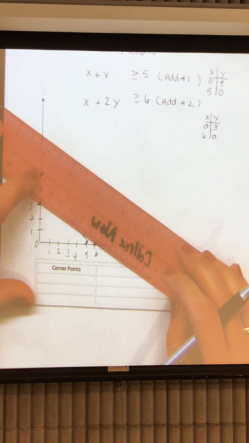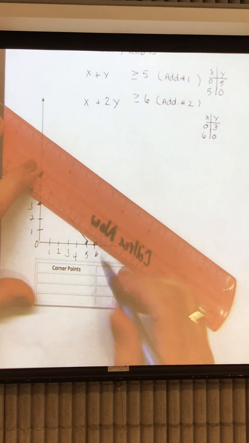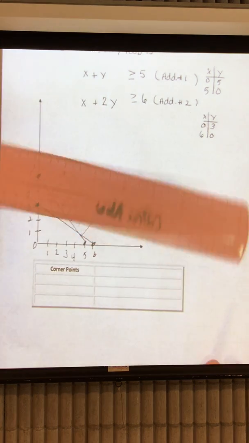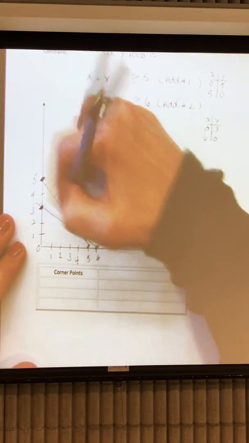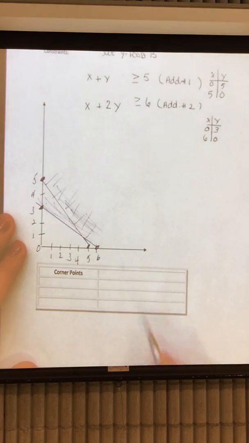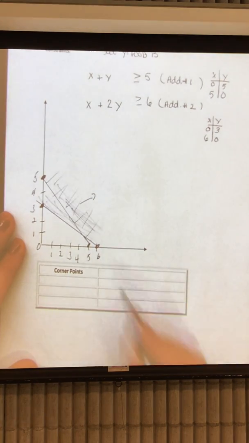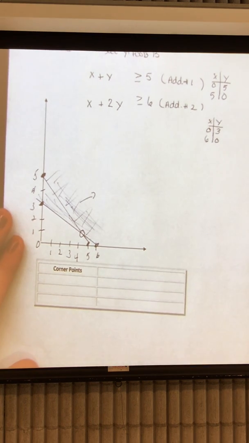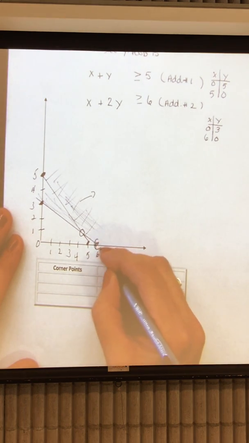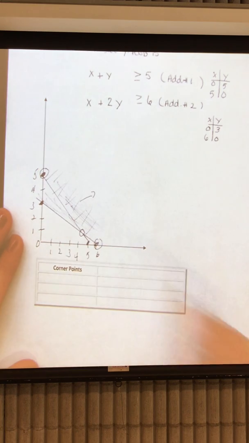And here let us draw that line, and again greater than is above, so our feasible region is right here, and it is bounded by 3 corner points, 1, 2, 3.